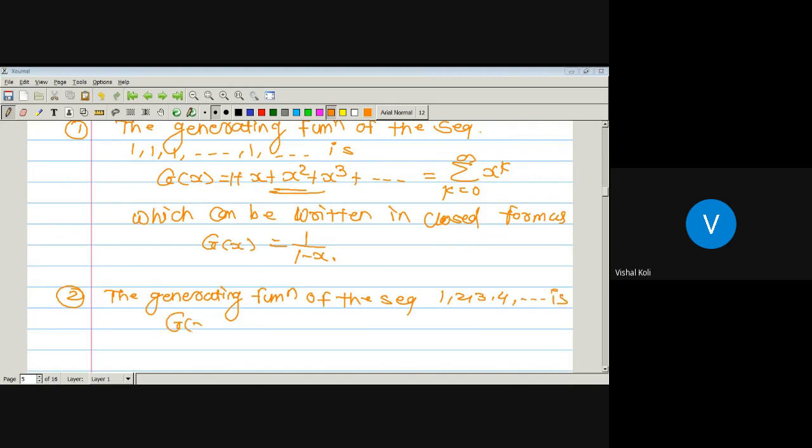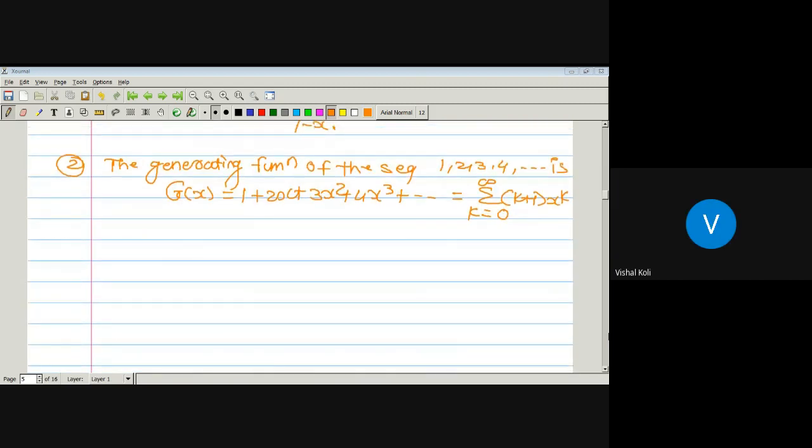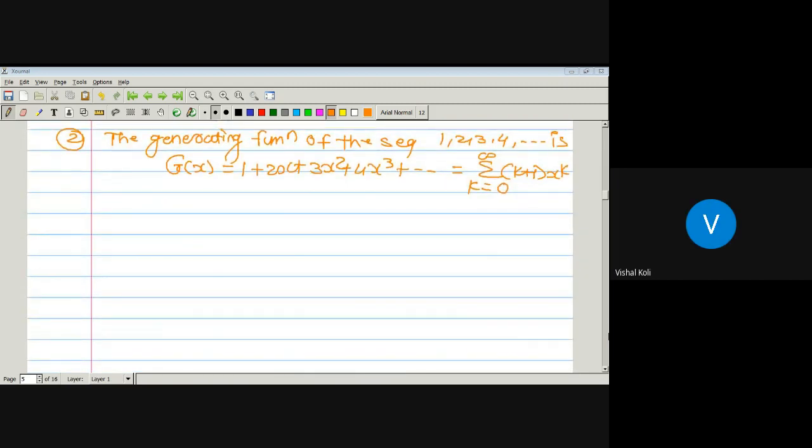G of x is nothing but 1 plus 2x plus 3x square plus 4x cube plus and so on. So what is its series form? Summation k running from 0 to infinity k plus 1 x raised to k.